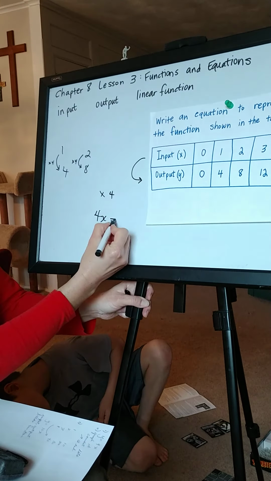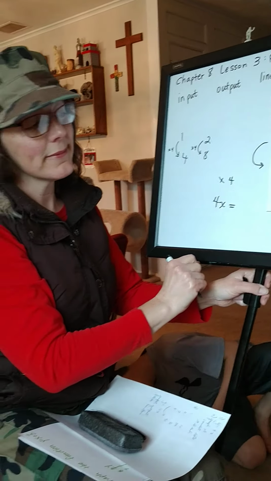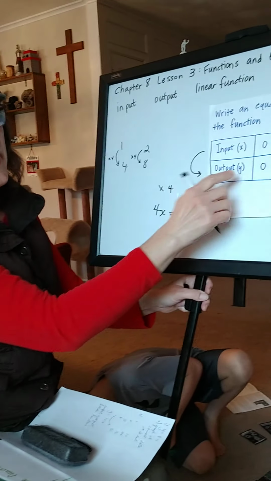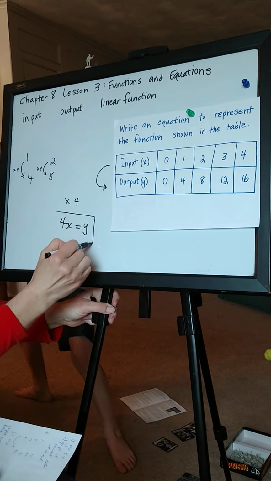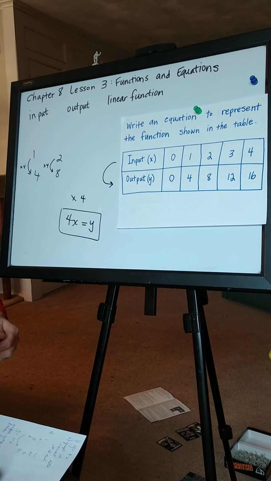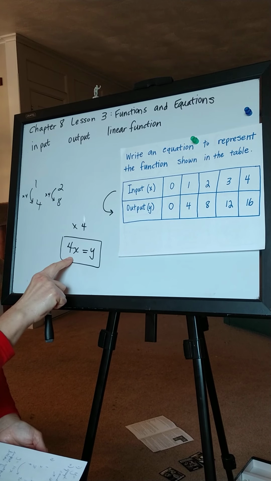And what's that going to equal? Our output. What variable represents the output? Y. So we're going to write y there, and so this is our function of how to get from the input to the output. 4x equals y.